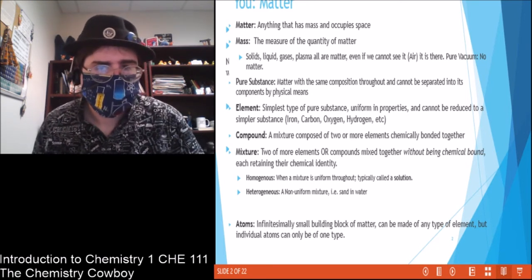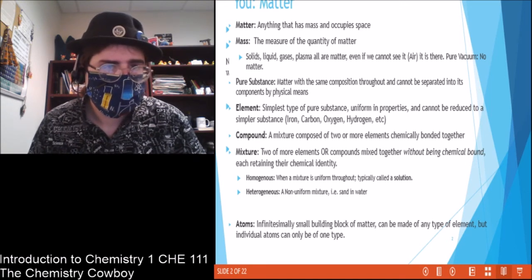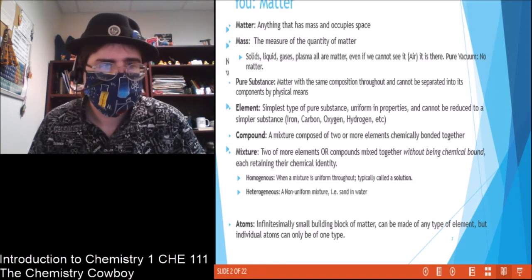So I could have a little atom of iron, another atom of iron, and then suddenly an atom of carbon. Each atom is a different element. I cannot break iron into anything simpler than iron. I cannot break carbon into anything simpler than carbon.